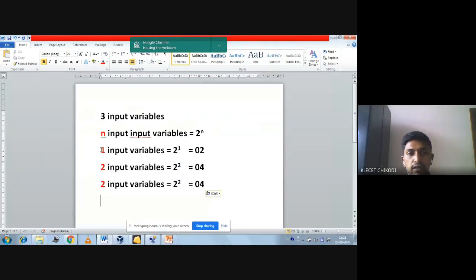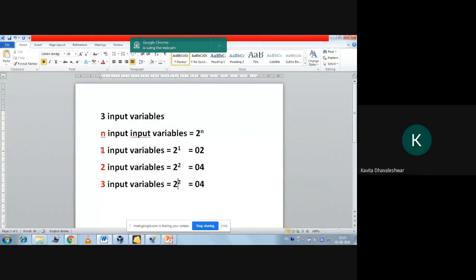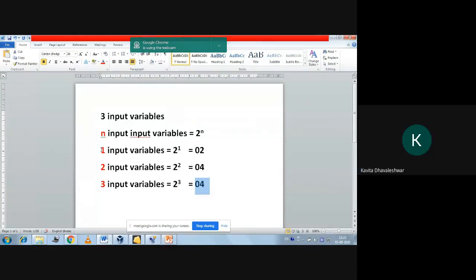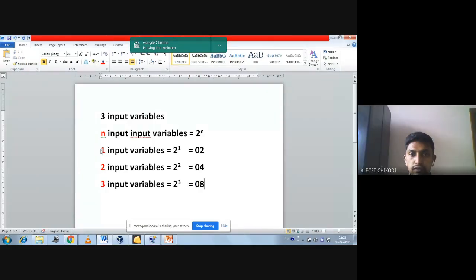Again, I will make it 3 input variables, and it will be 2 to the power 3. Then what will be the total input combinations here? 8. Okay, fine. Again, I will make it 4. Instead of A, B, C, I am making it A, B, C, D as the input variables.